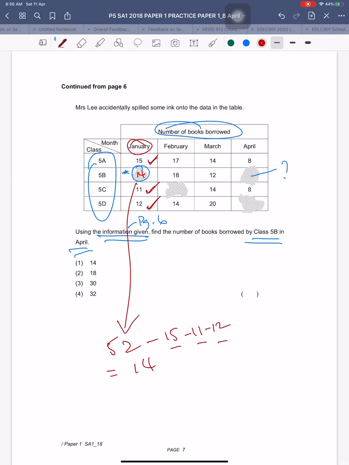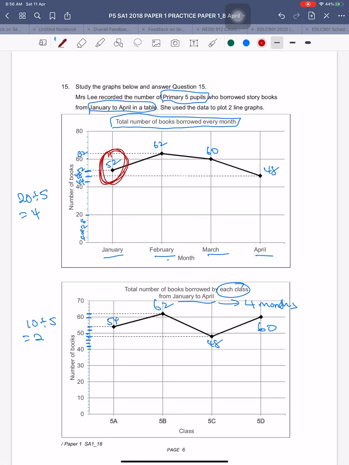Before I find April, I need to find, let me see, April is 62. So if you look at 5B, 5B actually borrowed 62 in total.